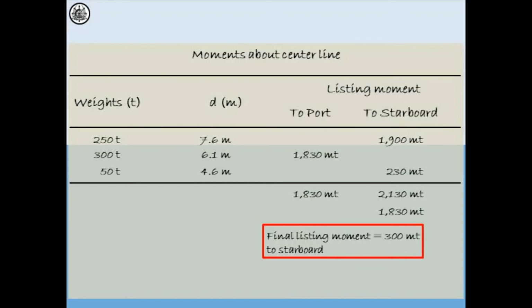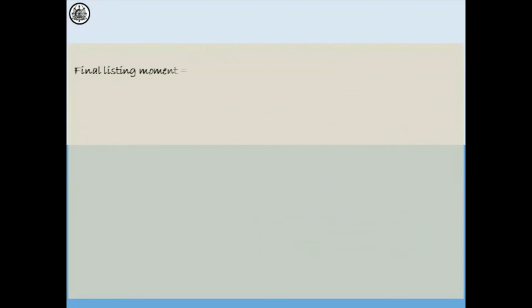Final listing moment is equal to W multiplied by GG1. Transpose the equation to calculate GG1. The formula now is GG1 is equal to final listing moment divided by the final displacement.